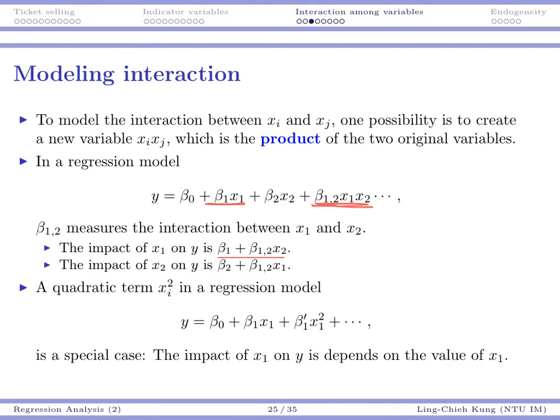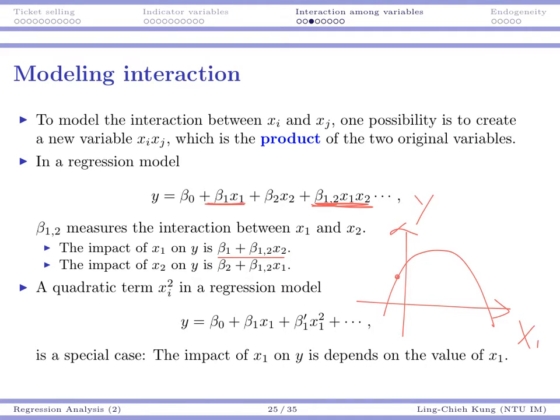In fact, in the previous lecture, we introduced a quadratic transformation in a regression model, right? That's actually a special case of interaction, because then we are measuring the impact of x1, but the impact of x1 now depends on the value of x1, like some kind of curve we used in the previous lecture.